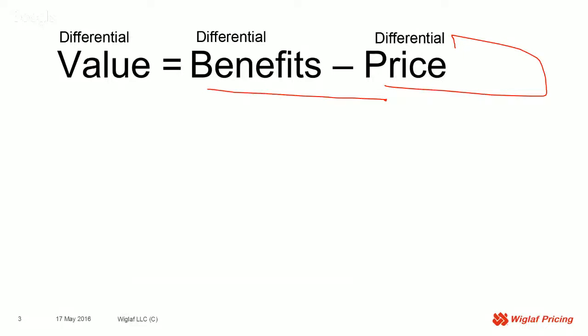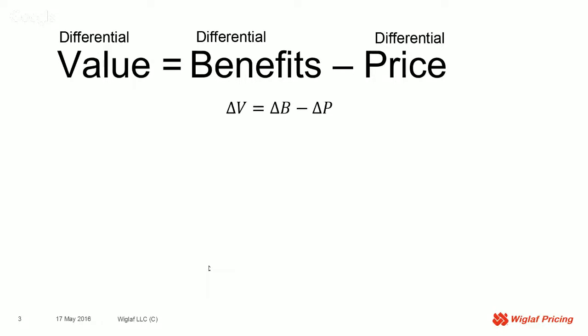Sticking with the concept of differential value, we can put in some math. Use delta for differences, and I have the change in value being equal to the change in benefits between my offer and somebody else's, and the change in price between my offer and somebody else's. When will customers purchase? Because I deliver more value than the competitor.